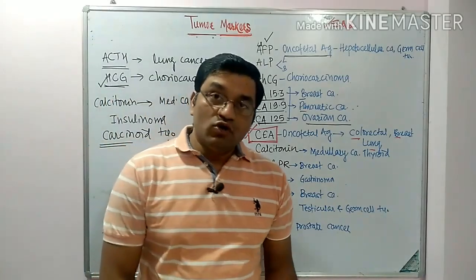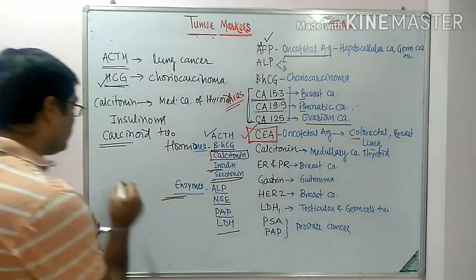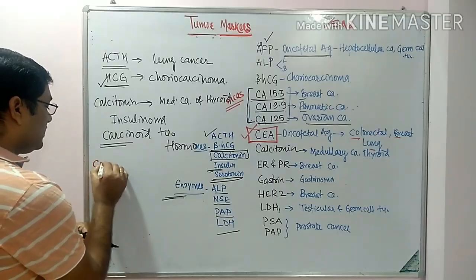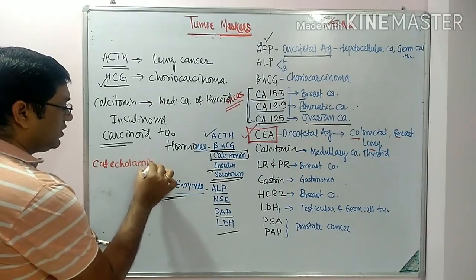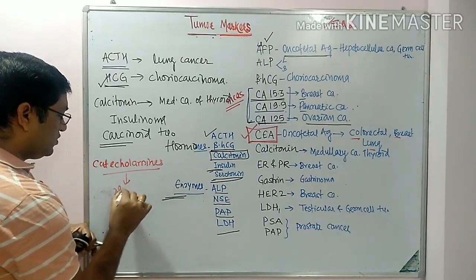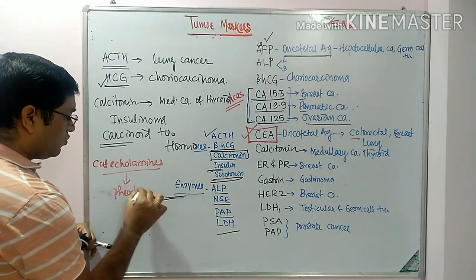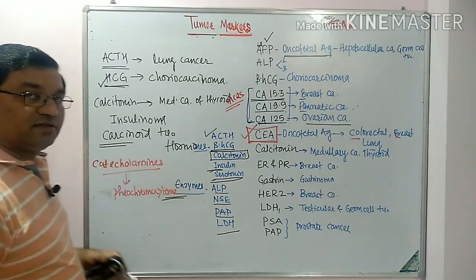Then various catecholamines, such as epinephrine, are used for detection of pheochromocytoma. It is a tumor of the adrenal gland.